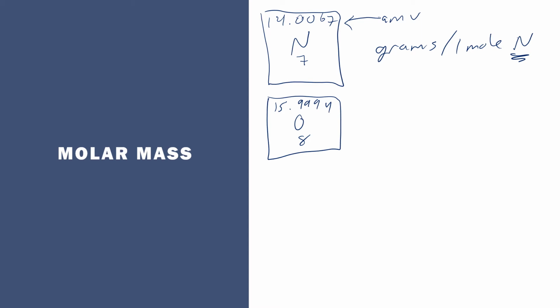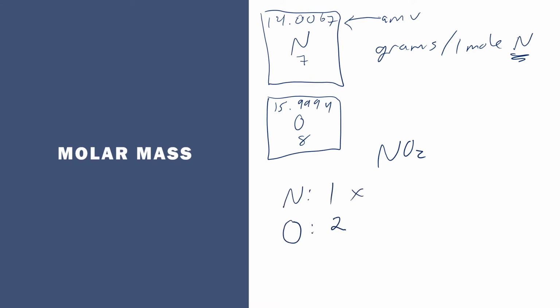You can also calculate the molar mass for a compound. So let's say I want to find the molar mass for NO2, nitrogen dioxide. So in that compound, there's 1 nitrogen and 2 oxygens.